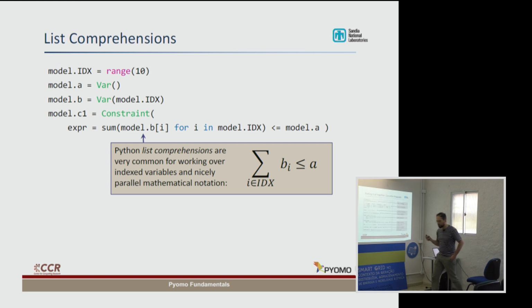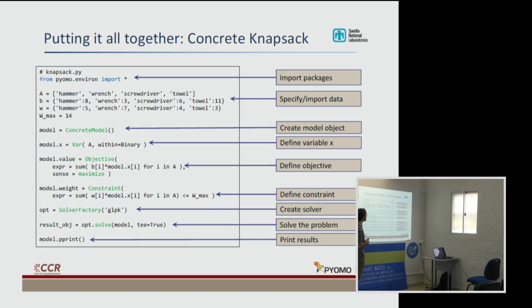So at the end, if we remember now our example, I have the import of Pyomo, the definitions of the data I will be using, and here begins the creation of the model. I create the model, which for now is empty, okay?